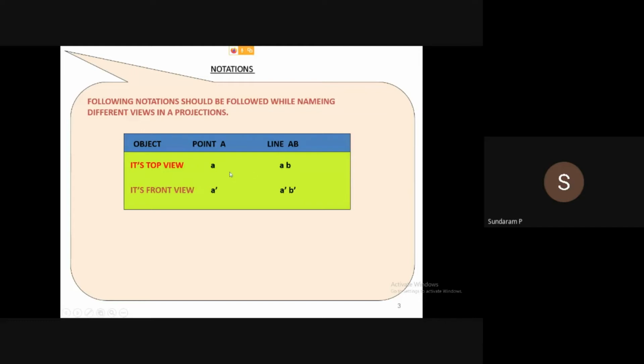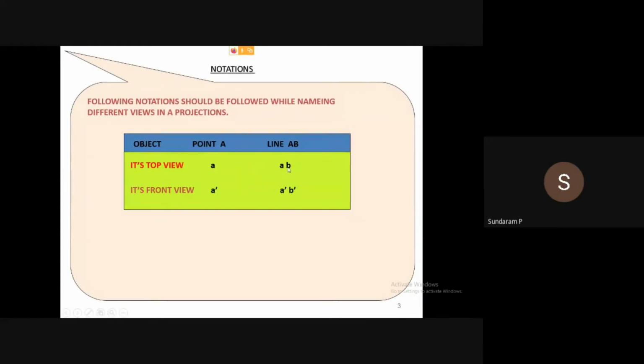So always we can indicate with smaller case letters and numbers, as known in decimal, either. Compulsorily, without dash in a point means the location without dash in smaller letters, that is the top view.